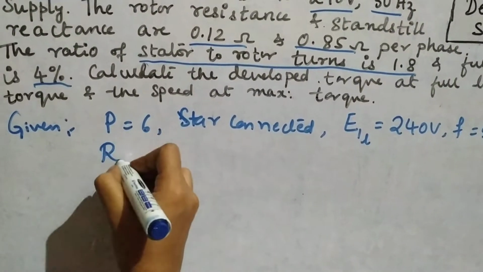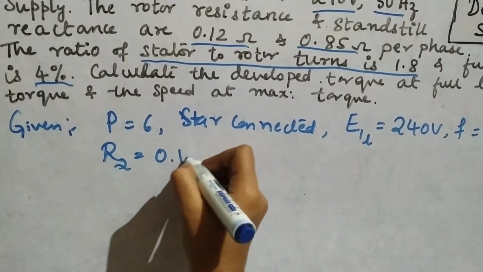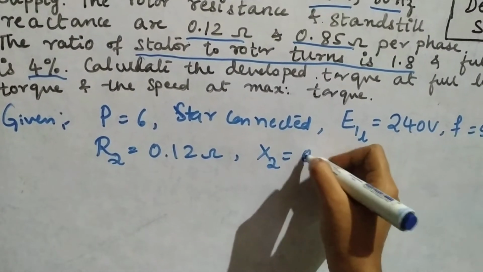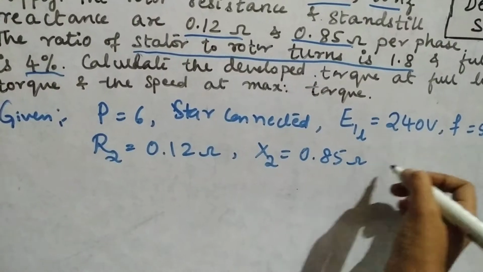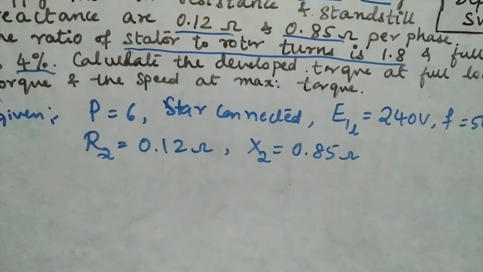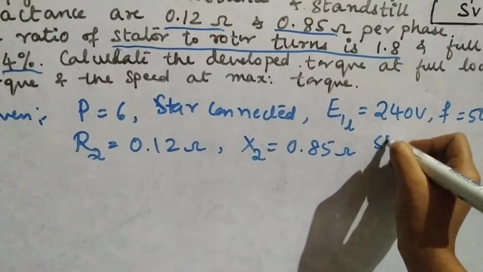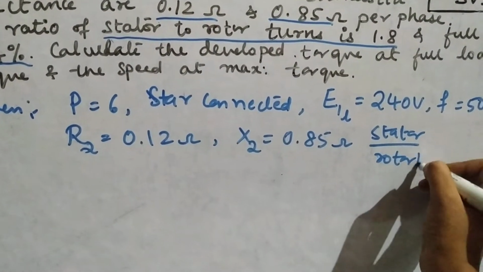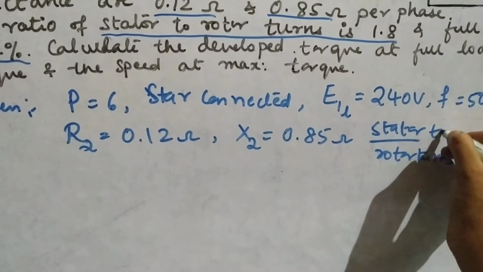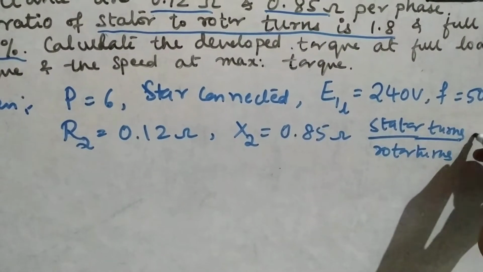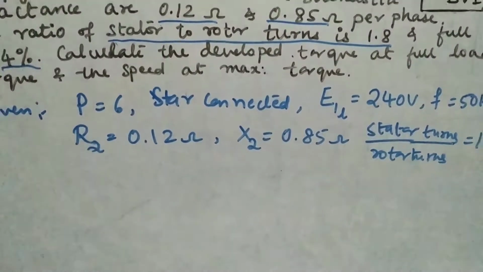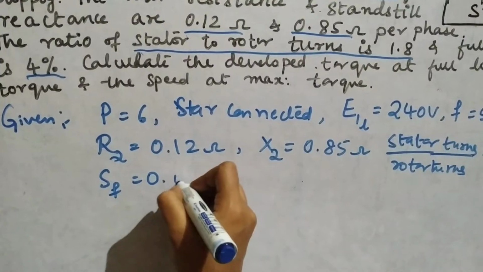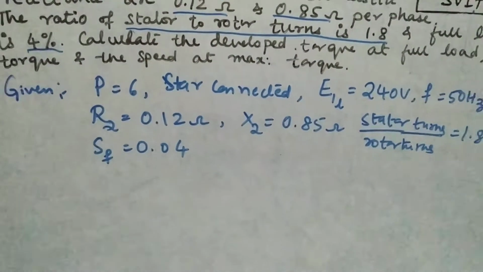Rotor resistance is 0.12 and standstill reactance X2 is 0.85 ohm. They have given the ratio of stator turns to rotor turns, which is equal to 1.8. And they have given the full load slip SF as 4%, so it is 0.04.